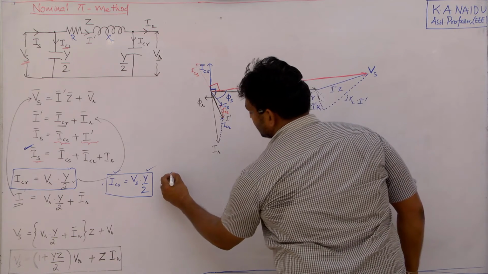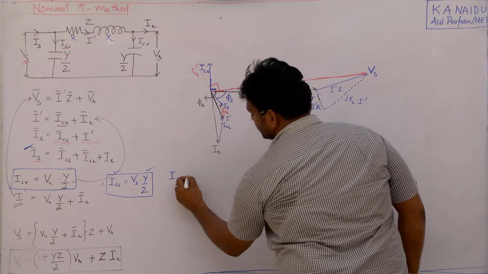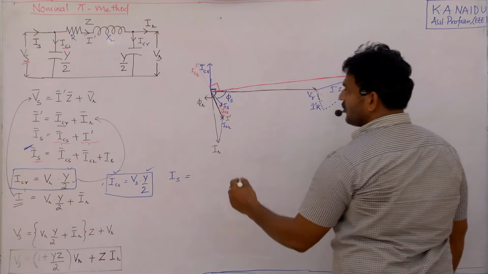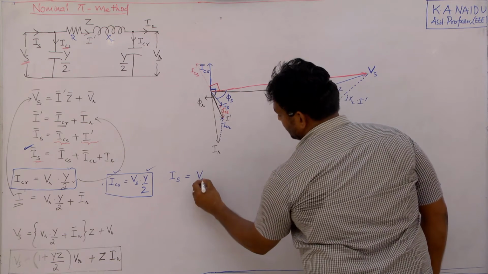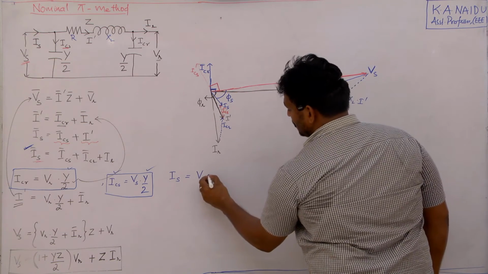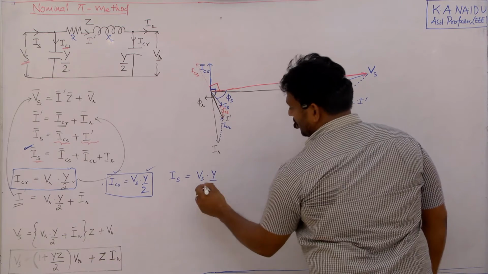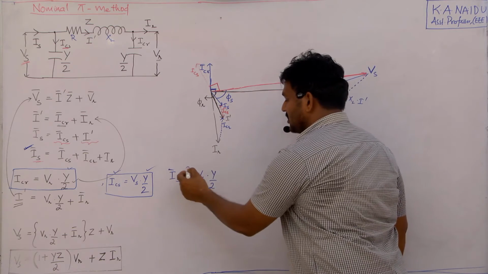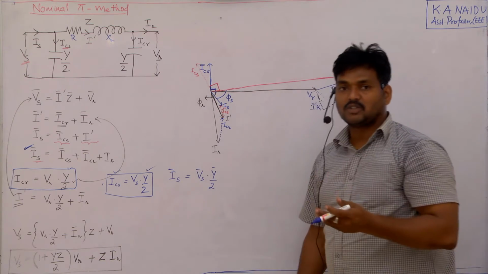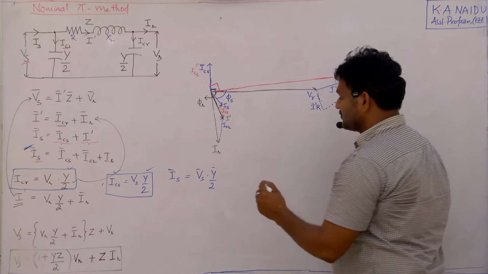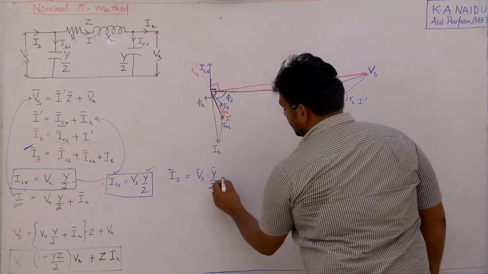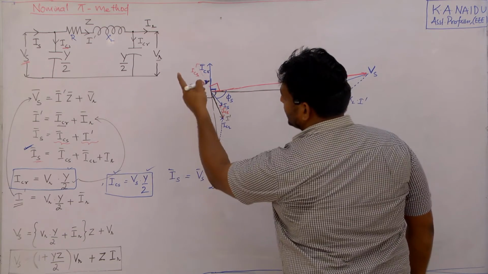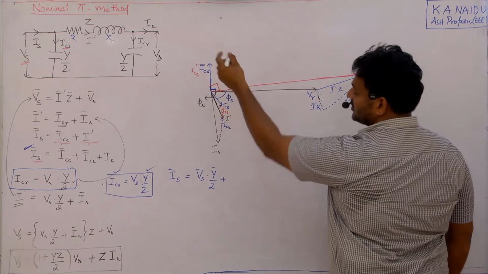Therefore Is is equal to, what is ICS? Vs into Y by 2. All these are phasors, but for simplicity I am not representing these dashes. Okay, all these are phasors. Vs into Y by 2 plus I dash. What is I dash? ICR plus IR.